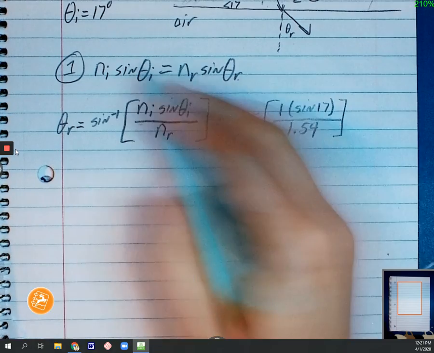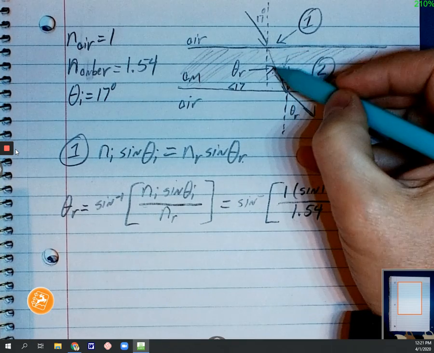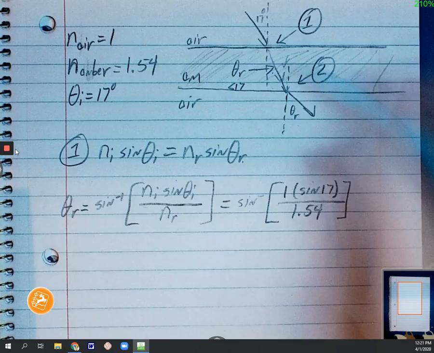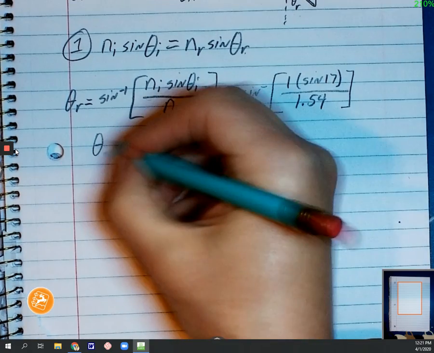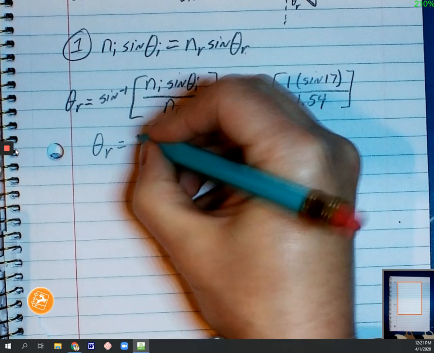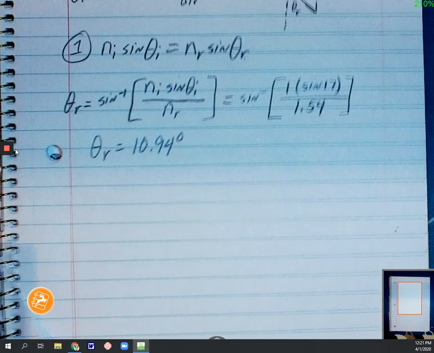So for this first interface right here, this new angle is going to be 10.94 degrees.